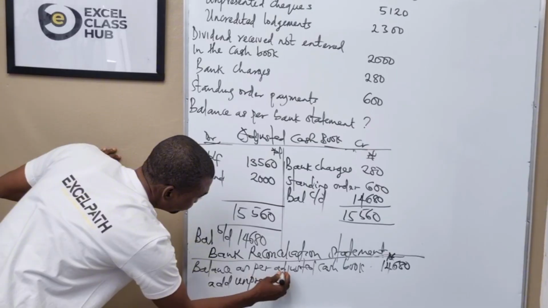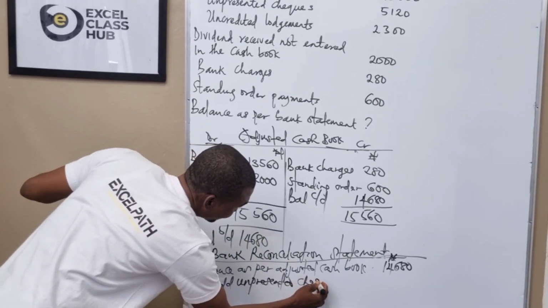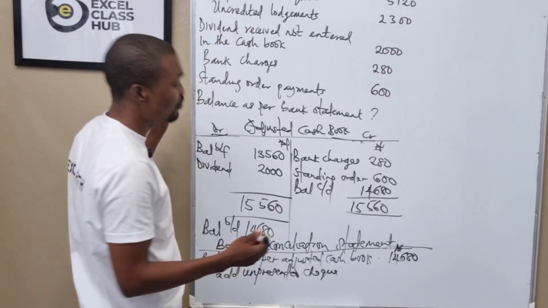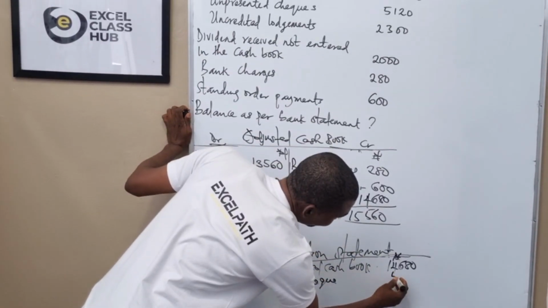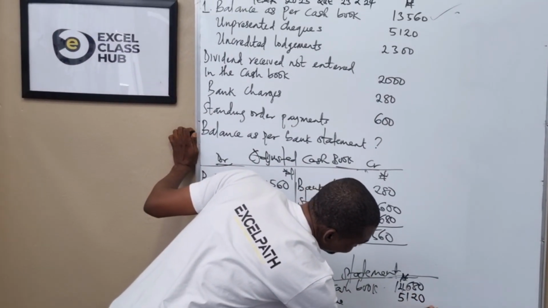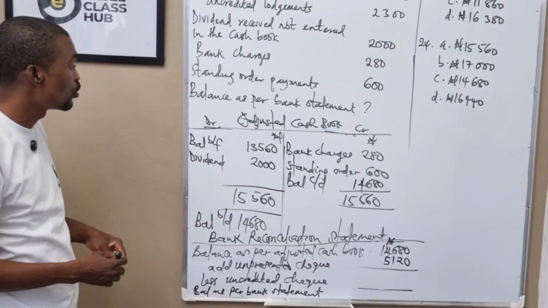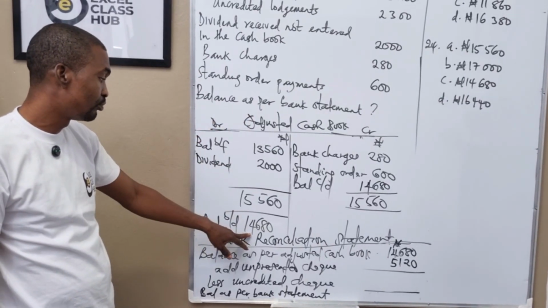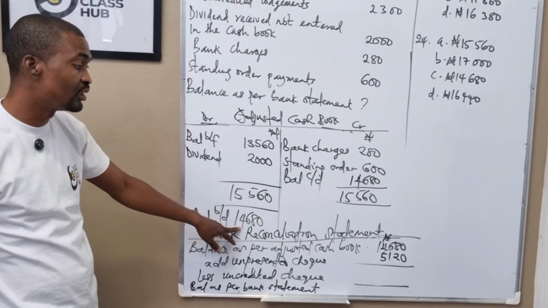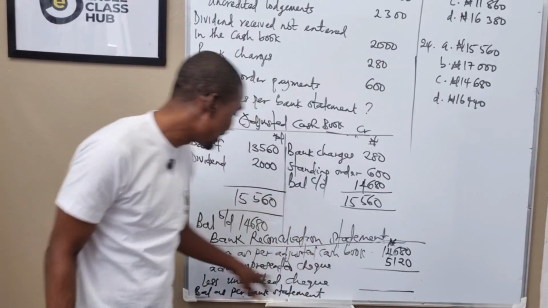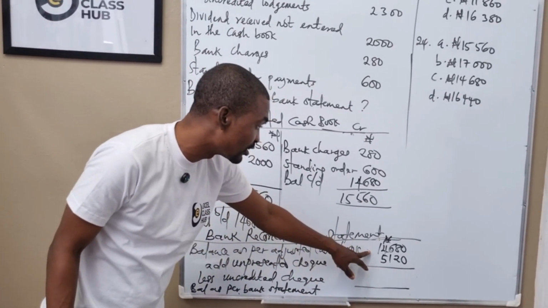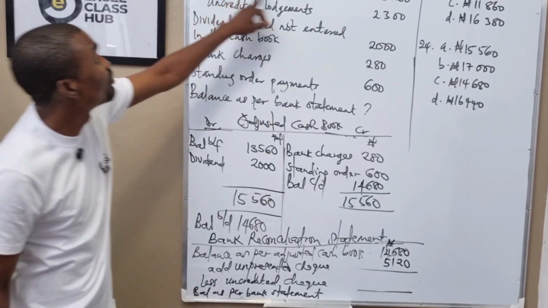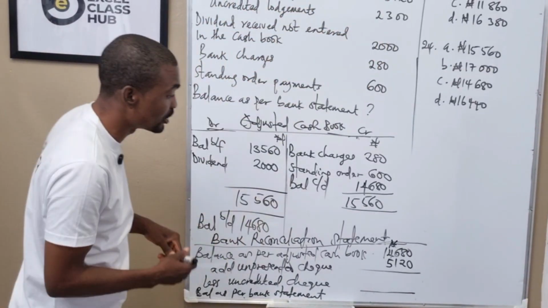Unpresented check, we are going to add. So let's come to the question. Our unpresented check is 5,120. So after we have adjusted our cash book, the balance as per adjusted cash book is 14,680. Then the next thing, you add your unpresented check, which is 5,120.